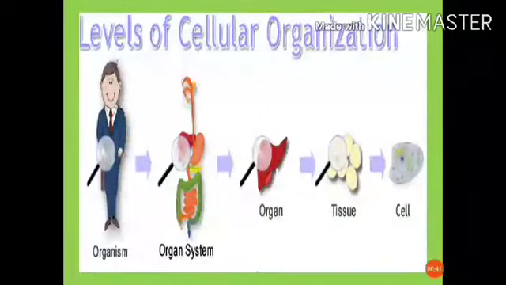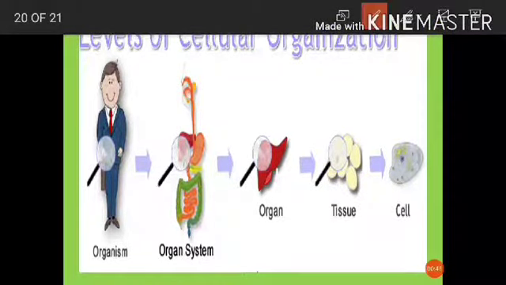Now let's see the level of cellular organization. Now children, in multicellular organisms, they have cells that are specialized to perform specific functions. So a group of cells performing a specialized function forms a tissue.